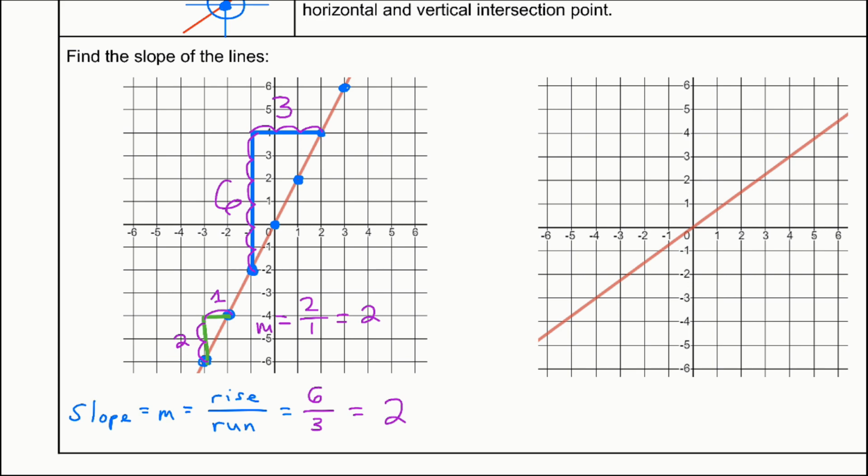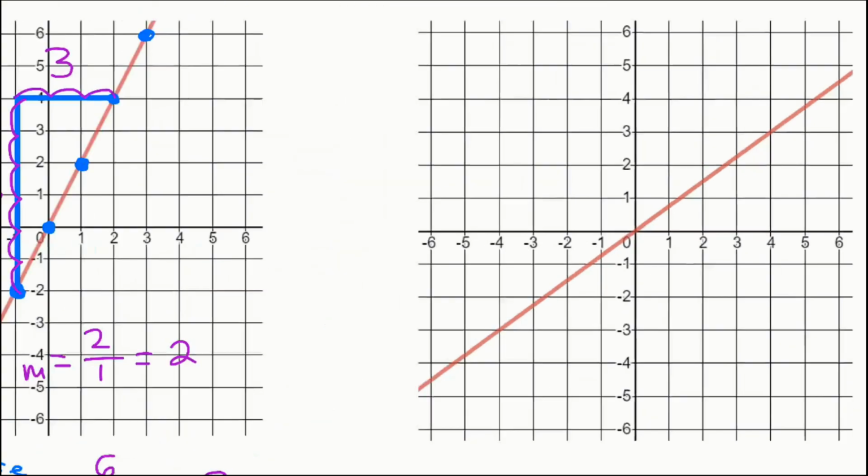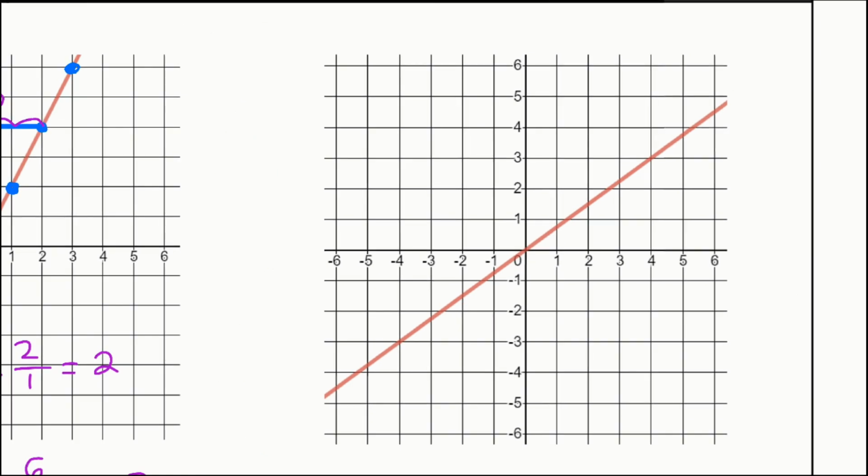So again, I'm going to keep this one simple. I'm just going to pick 2 crosshairs. All right. This looks like a good one here. And this one will work. All right. From here, I'm going to find my rise and my run.